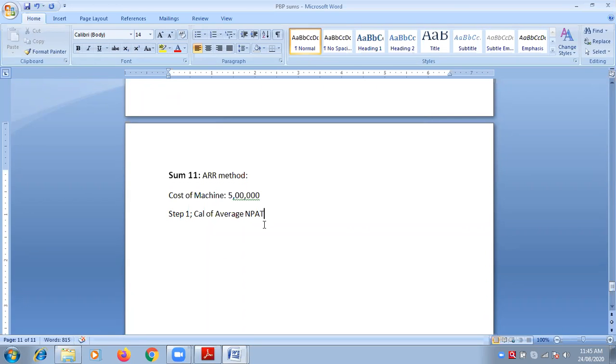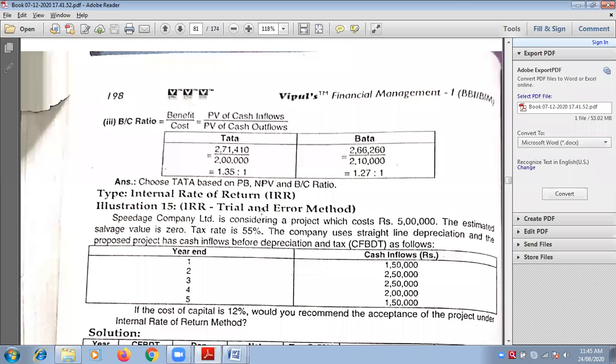It is okay. This is what you need, and this is my first step. Now, how many years do we have? 5 years. We have 5 years of net profit.